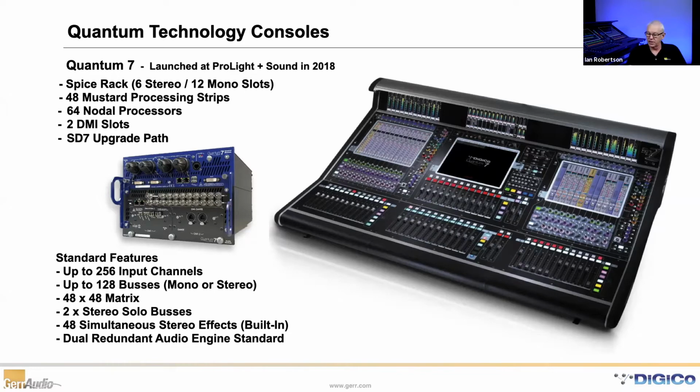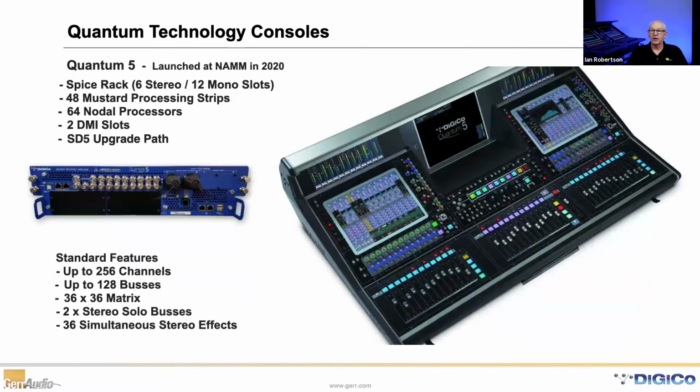So it's a fairly major physical upgrade. And you can take your 7 and bring it up to date to be current. Same thing applies for the SD5. You can move that to a Quantum 5, and that's an engine replacement and also a power harness and power board replacement as well.